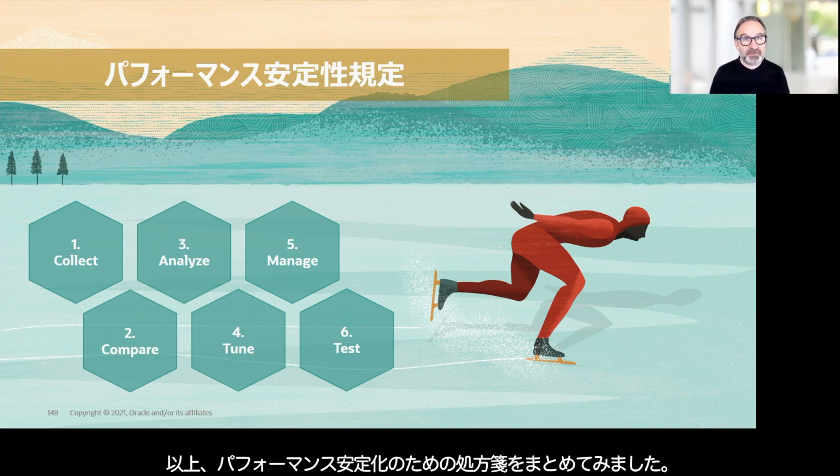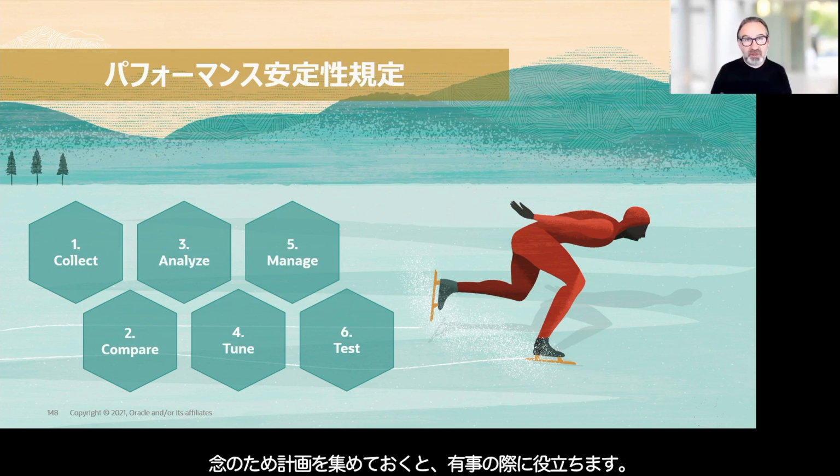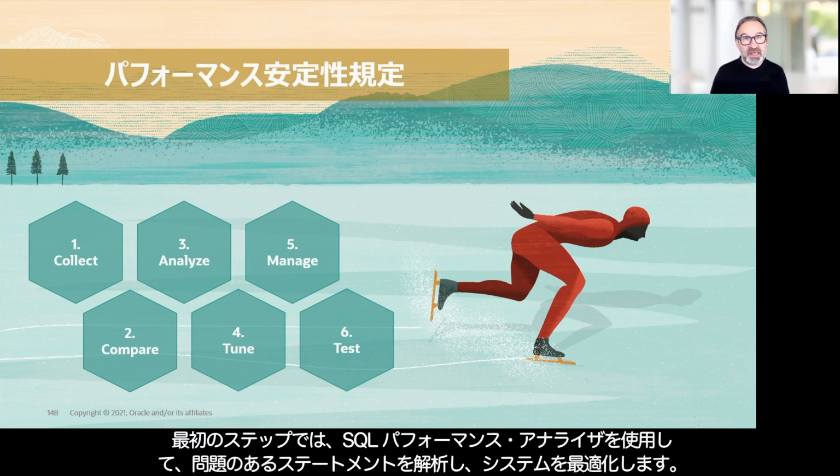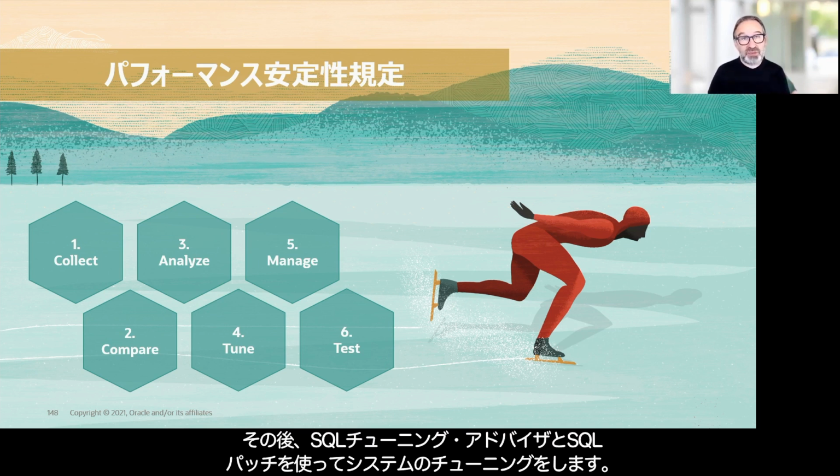Now, in summary, this is our performance stability prescription. You collect plans, for sure, because this can be your lifesaver. Then we do AWR diff reports, we compare. In the third step, we use SQL Performance Analyzer to find the misbehaving statements or to optimize our system. Then we use SQL Tuning Advisor and SQL Patch to tune the system.